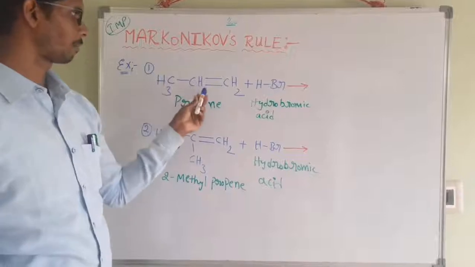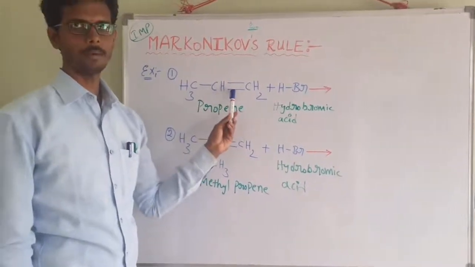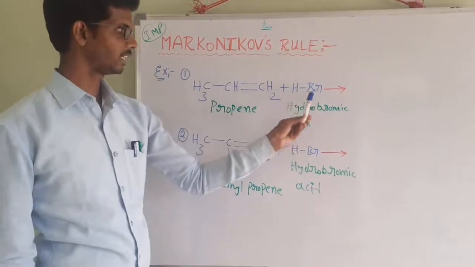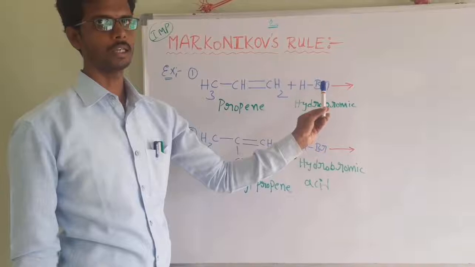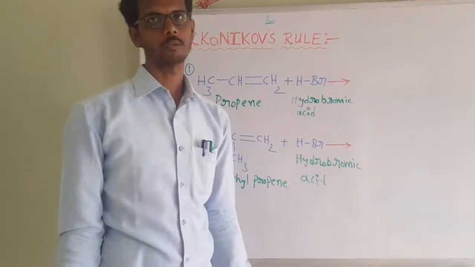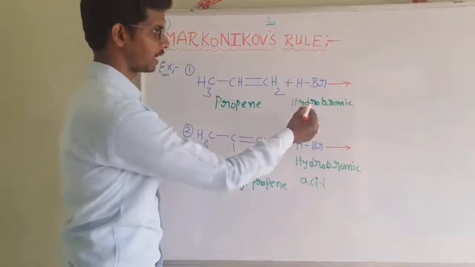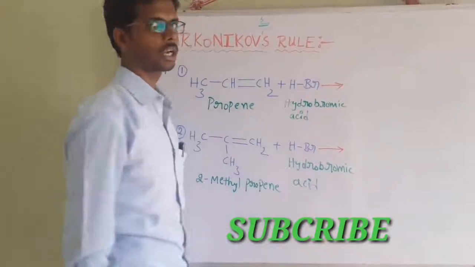Let us see the first example. We take the unsymmetrical alkene propene. The unsymmetrical reagent is hydrobromic acid, also called hydrogen bromide. Here, according to Markovnikov's rule, what product is formed? First of all, this hydrobromic acid dissociates into a negative part and a positive part.